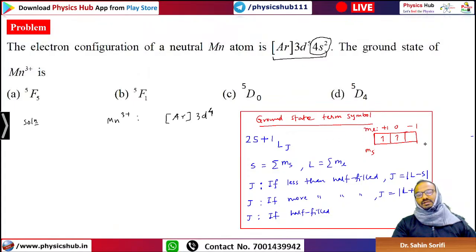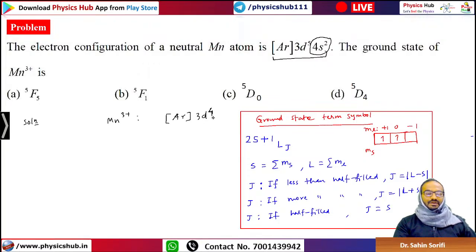If it is a d orbital, it will be plus 2, plus 1, 0, minus 1, minus 2. So if it is half filled, the sum over ml, L, will be 0. So for half filled, J equals L plus S, L equals 0, so J equals S. As simple as that.